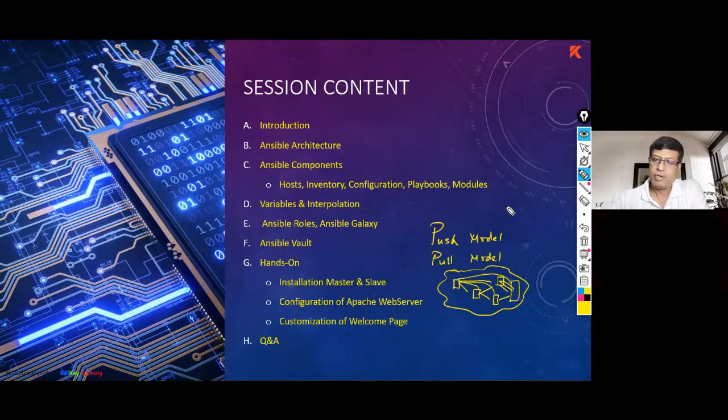Whereas here you have a master and you have the nodes or the hosts. These are the hosts. And this is the master. Host 1, host 2. This may be in India, this master is in the US, and this is in Australia. These are maybe the test servers or whatever servers.